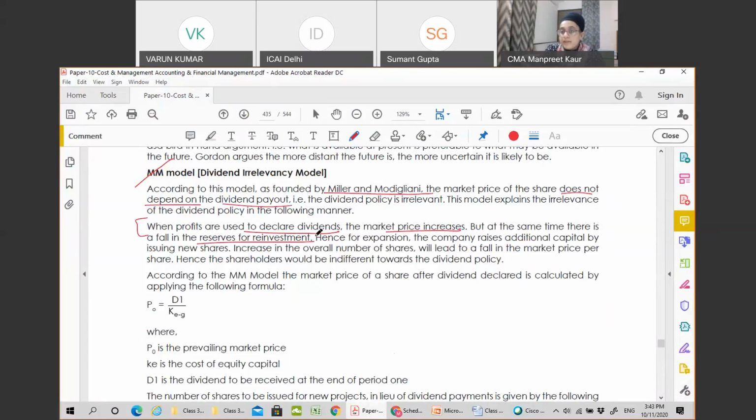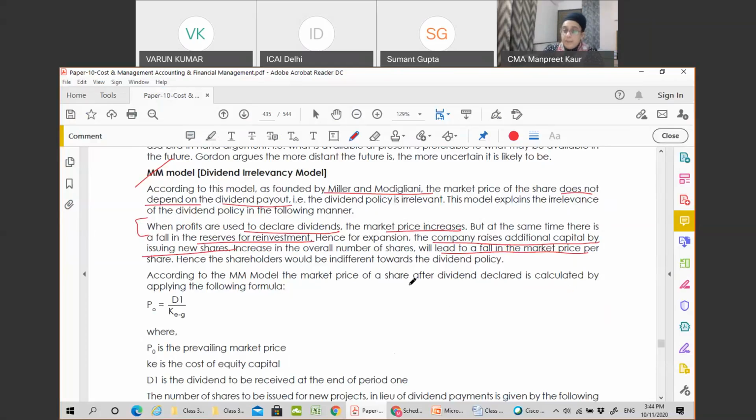The company cannot reinvest if it is paying dividends. It will take retained earnings out of profit. Dividend is a part of profit, and reserves are a part of profit. If we give it in the form of dividends, then the reserves for reinvestment will fall. If we want to expand, the company raises additional capital by issuing new shares. Therefore, an increase in the overall number of shares will lead to a fall in the market price of the shares.